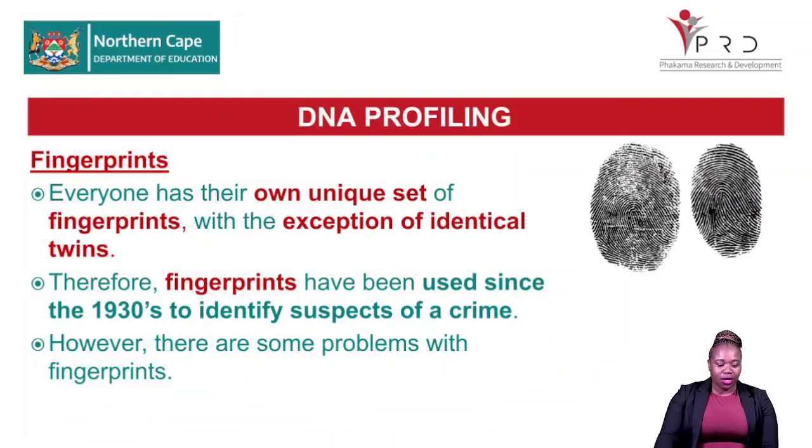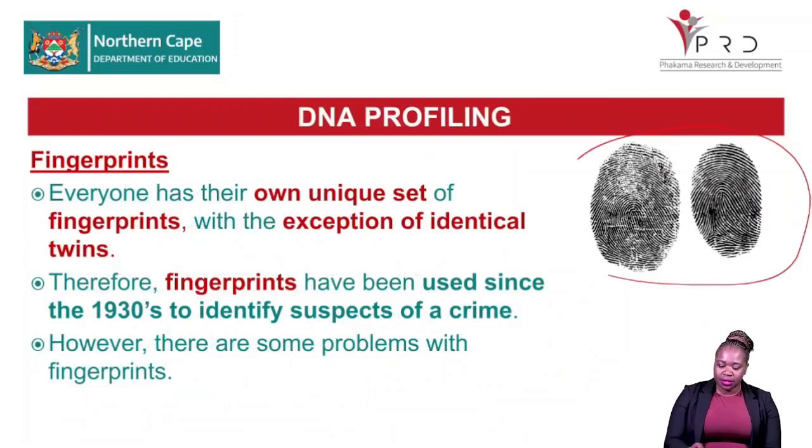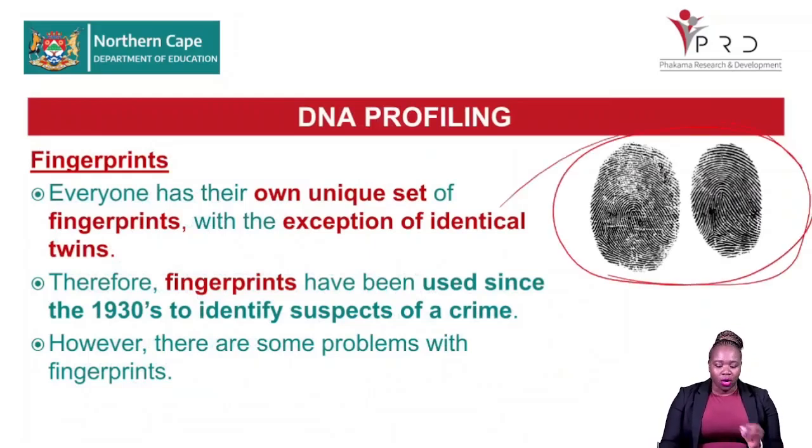All right, now let's move on to DNA profiling. Here, we are going to be looking at mainly the identification of individuals using these DNA profiles. We can identify different individuals using their fingerprints. Now, these fingerprints have some problems in identifying individuals because due to where they are found, they can be altered by surgery, by wearing gloves.